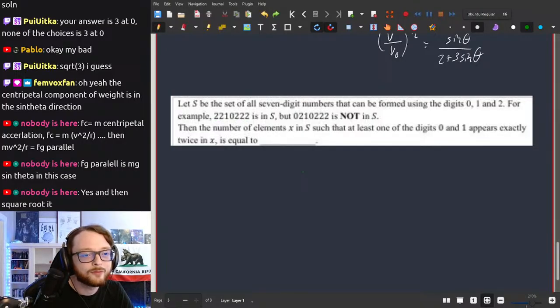Okay, so that feels... Wait, why is this not an S? Oh, because it leads with a 0?